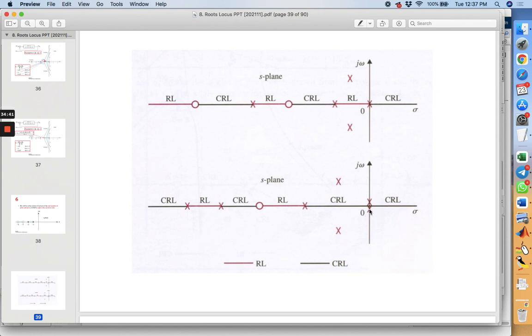We connect these 2 poles at 0, then we don't have any root locus over here, but we do have root locus between this pole and 0. We don't have any root locus, and then we have root locus between these 2 poles over here.